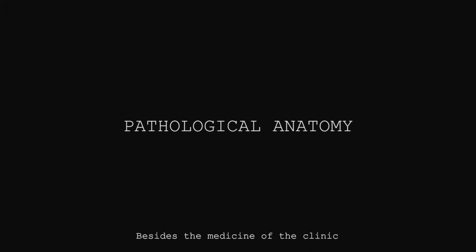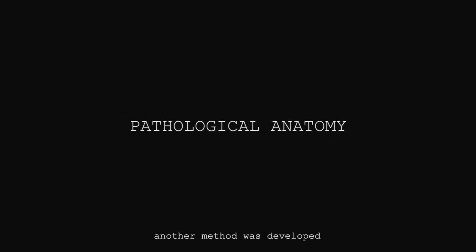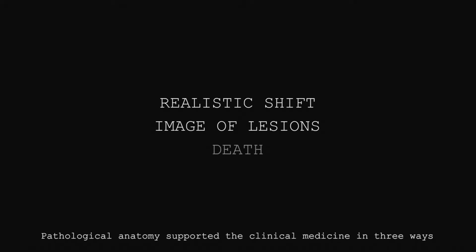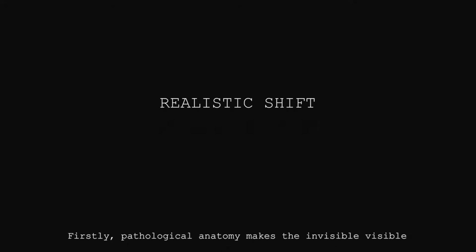Besides the medicine of the clinic, another method was developed, pathological anatomy. Pathological anatomy supported the clinical medicine in three ways. Firstly, pathological anatomy makes the invisible visible. By the realistic shift, a surface gaze of the clinic could now gaze beneath the surface, into organs, tissues, the inside space.